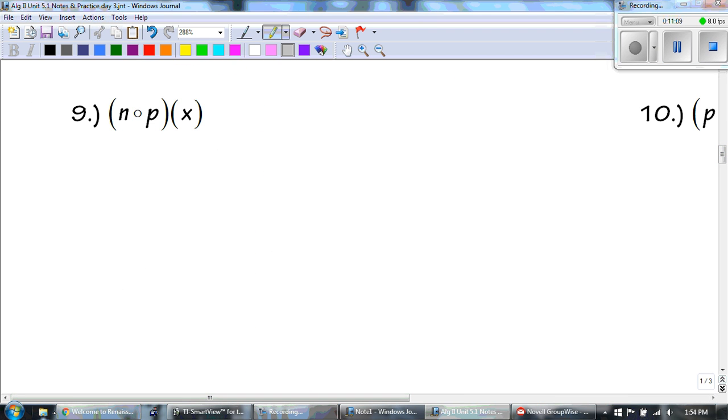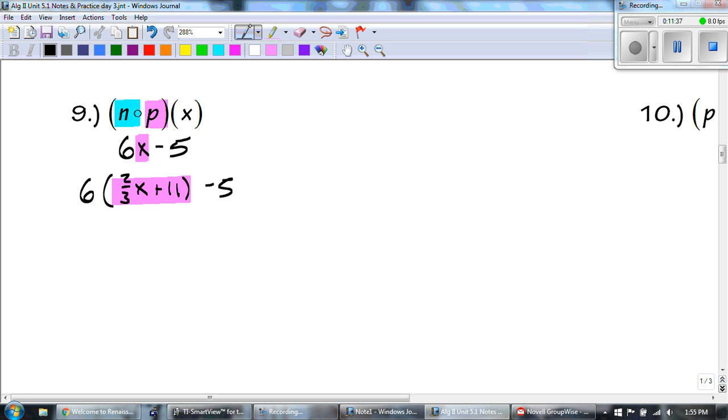All right, number 9. I'm starting with the n, and then I'm plugging in the p. Okay, so the n is the 6x minus 5, and that's where I'm going to plug in p. So I have 6 parentheses 2/3 x plus 11 minus 5.